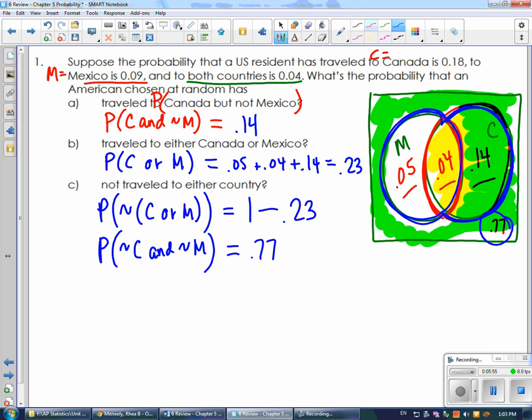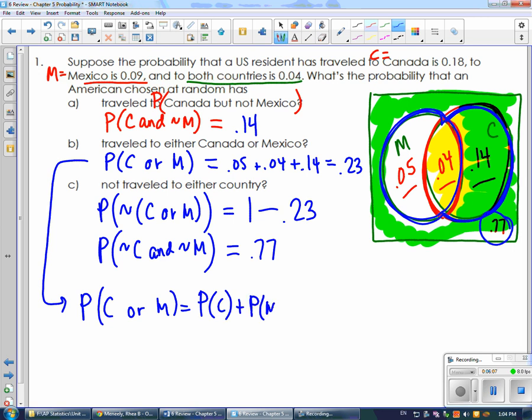In letter B, you could also use your probability rule. Remember, if we are looking for the probability of A or B, in this case we're looking at C or M, that's going to be the probability of C plus the probability of M minus the probability of both. Now be very careful. If you're using the rule, then you don't want to refer to your Venn diagram. You want to refer back to the problem itself.